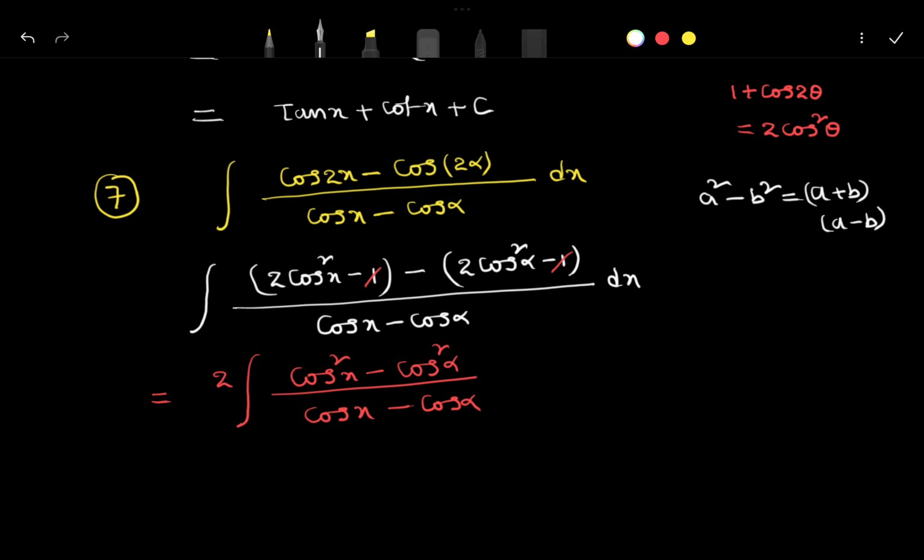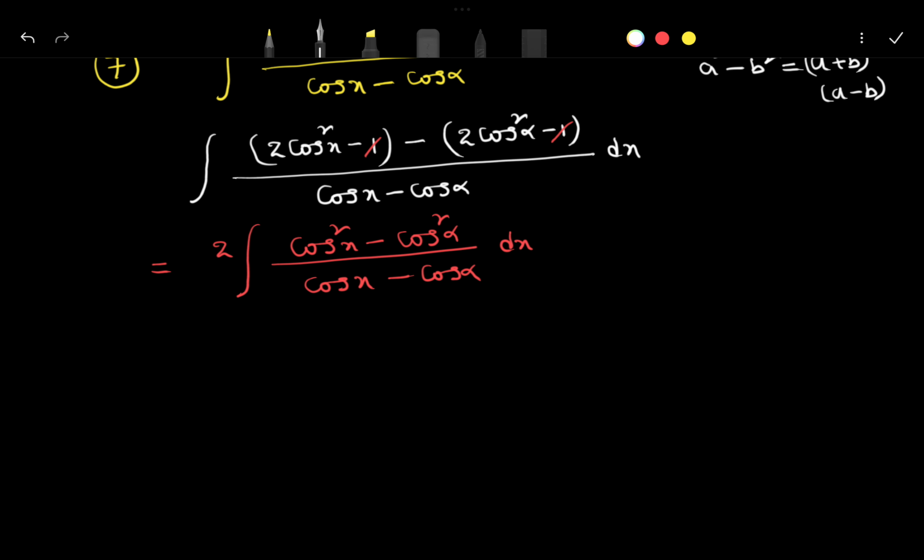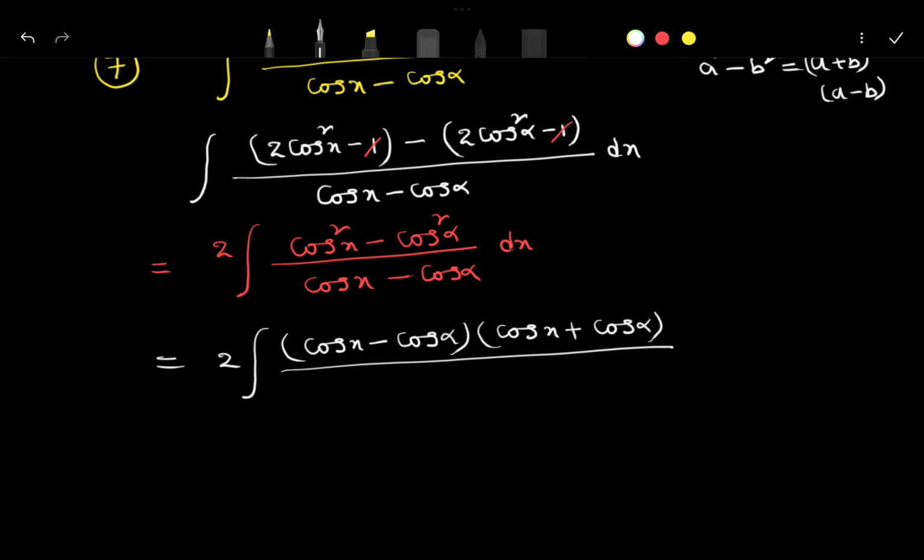By using this formula, you can write the numerator as 2 into the integration of (cos x minus cos alpha) into (cos x plus cos alpha), whole divided by cos x minus cos alpha into dx.